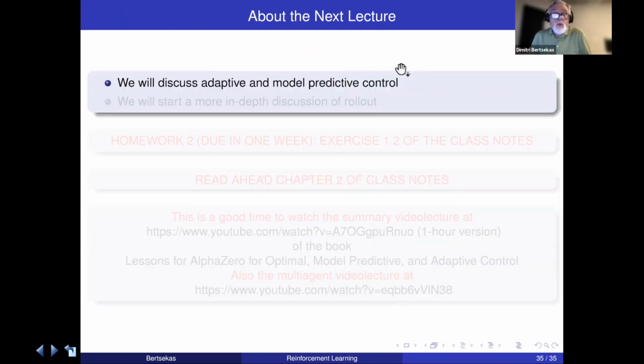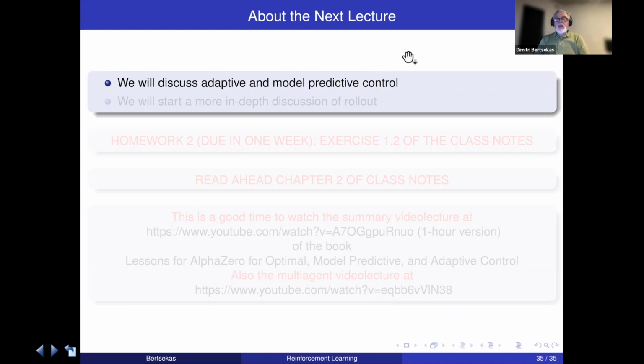Okay, the next lecture, we're going to complete our overview of the material of this class. We've been going quickly through various concepts because this is just an overview. Now we're going to get more deeply into various topics. In the next lecture, we're going to spend some time to discuss adaptive and model predictive control.